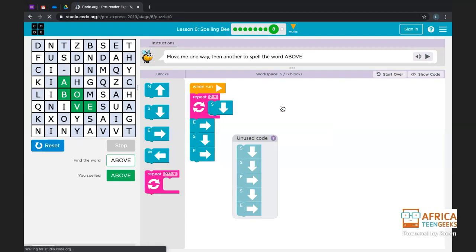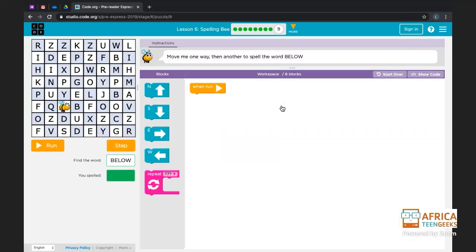Let's continue to our last puzzle for this morning. Now we must search for the word below and find it. Let's see. There's a B, E, L, O, W, and that spells below for us.